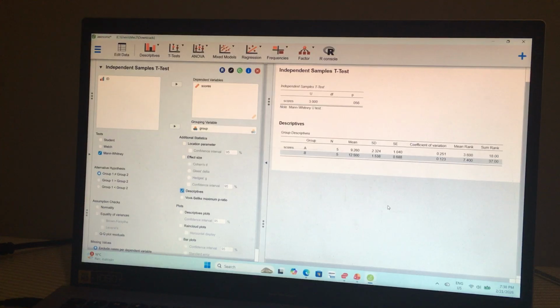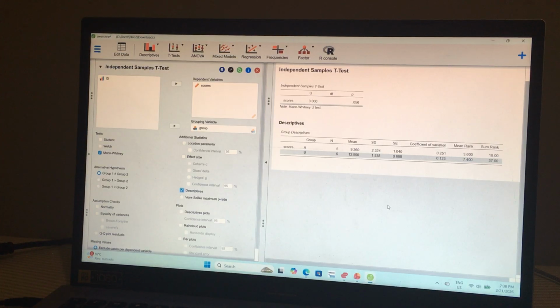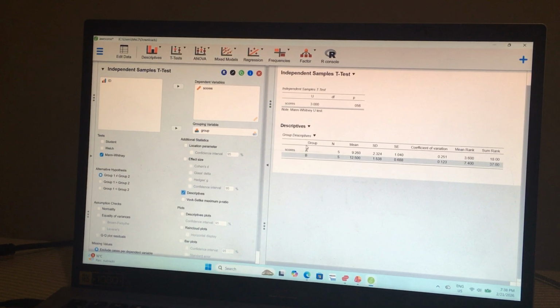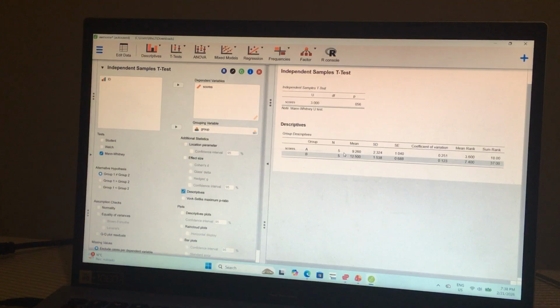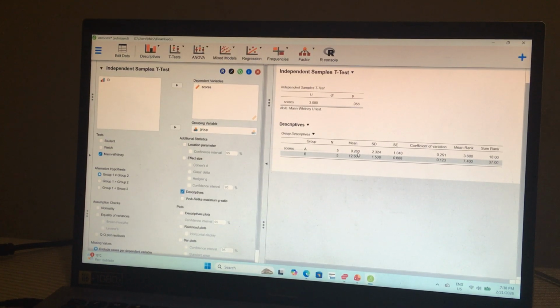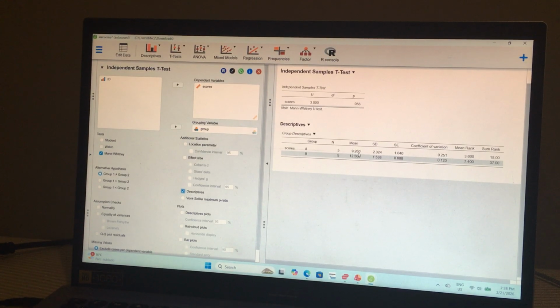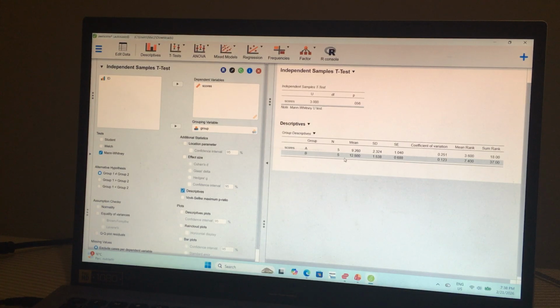We could say that a Mann-Whitney test was used to compare the awesomeness, a silly scenario, but the awesomeness of participants in group A, where the N equaled 5 and the median was 10, and then for group B, N equals 5, and the median was 12.5.